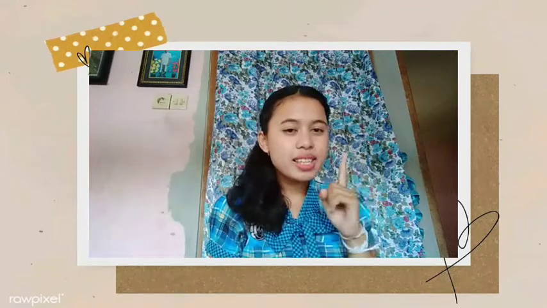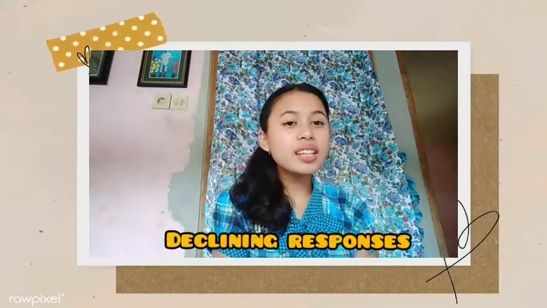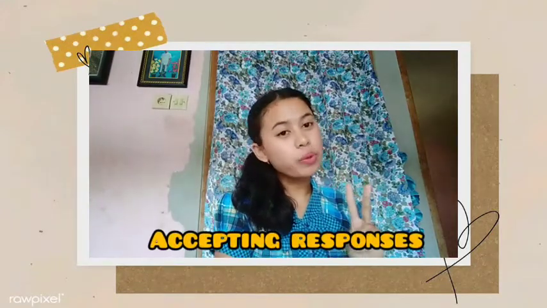Okay, the next is about the responses. There are some responses to asking and offering help, and there are two kinds of responses. The first one is declining responses, and the second one is accepting responses. The first one is for responses to asking help.